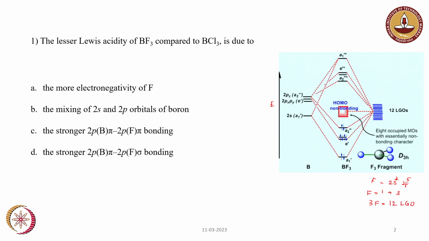So when molecular orbitals are formed, the first 3 molecular orbitals are filled with electrons from boron. In boron it is 2s2 and 2p1.